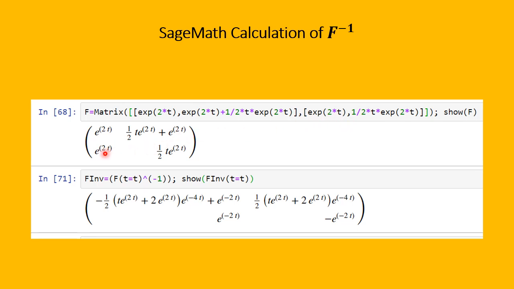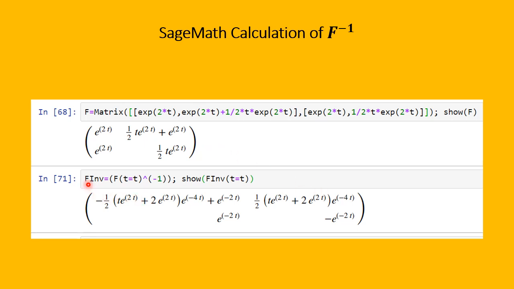E to the 2t is here. 1/2 t e to the 2t is right here. And then show F produces this output from this cell, which has basically, I guess, two commands in it. Assigning a value to F and then showing what it is, displaying it.